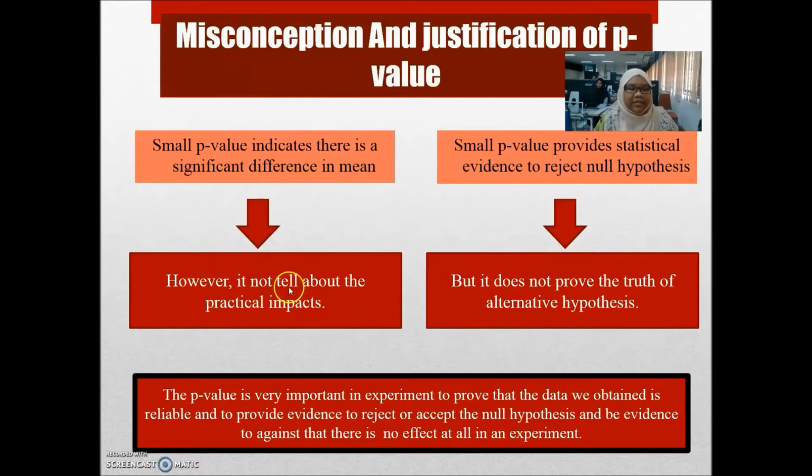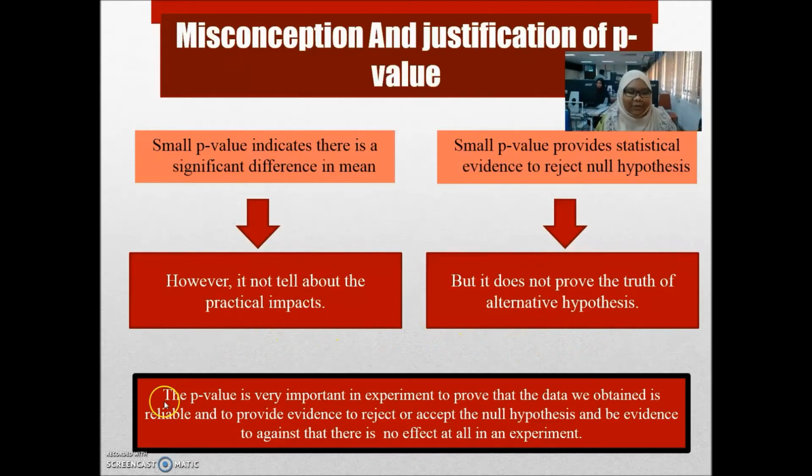However, it does not tell about the practical impact. Secondly, a small p-value provides statistical evidence to reject the null hypothesis. However, it does not prove the truth of the alternative hypothesis. For example, if a jury fails to convict the defendant, it does not mean that the defendant is innocent. It just failed to prove the defendant's guilt beyond reasonable doubt.